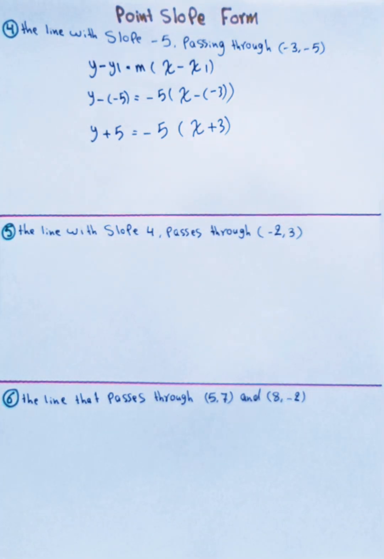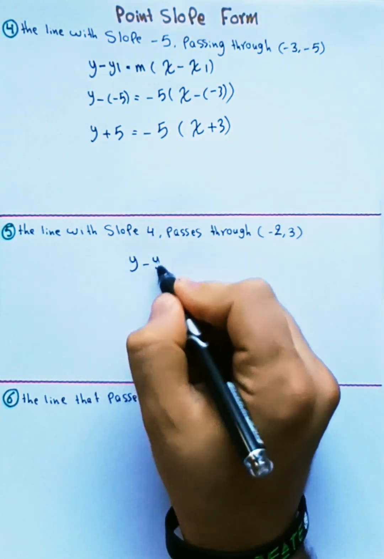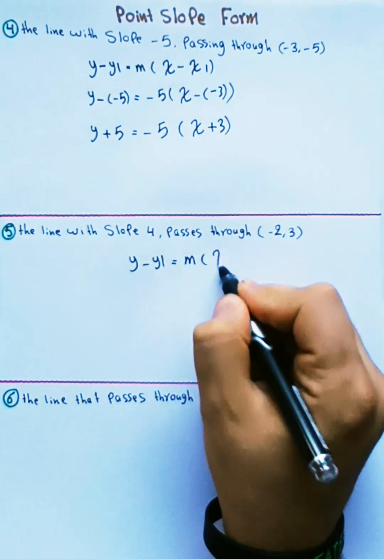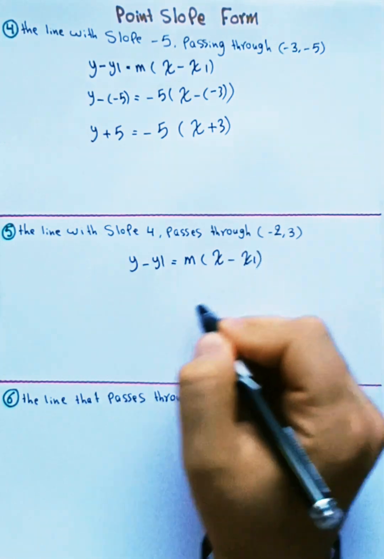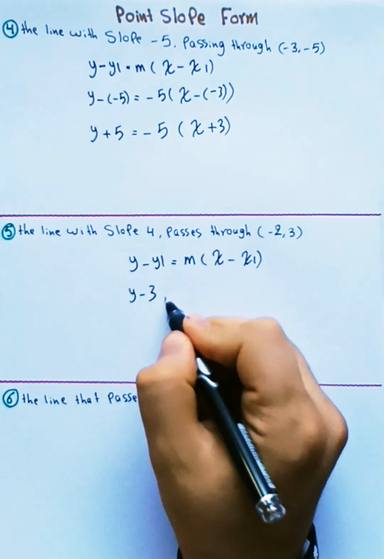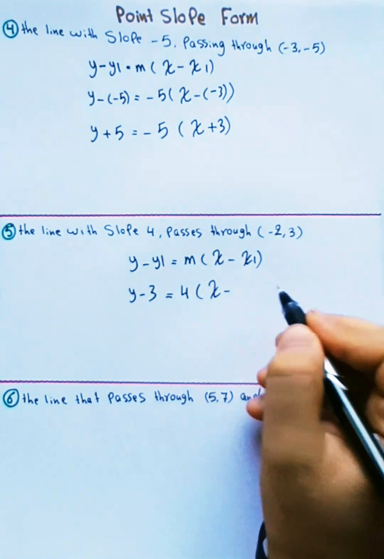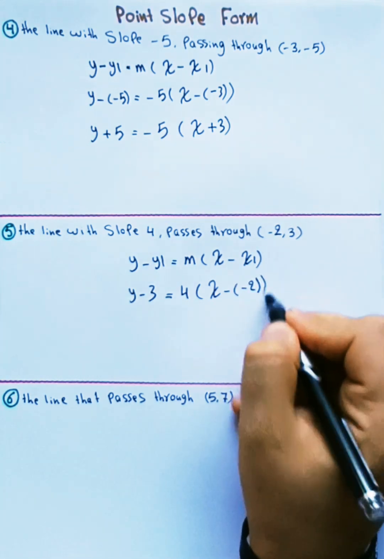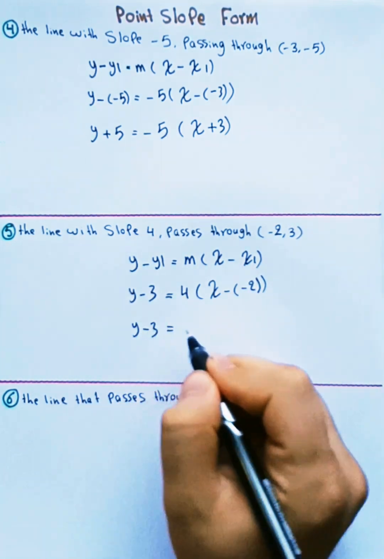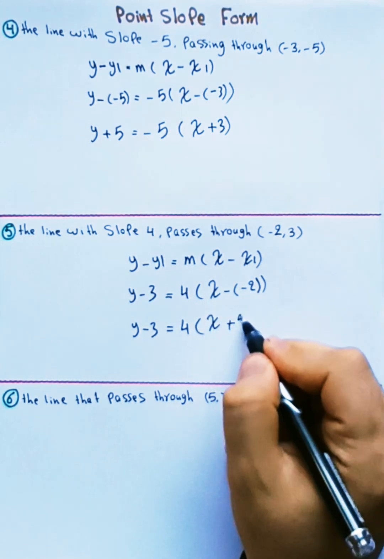Example number 5, the slope is 4 and passes through negative 2 and 3. So the point slope form, y minus y1 equal to m times x minus x1. So y minus y1, y1 is 3, equal to the slope, 4, times x minus negative 2. y minus 3 equal to 4 times x, minus times minus is plus 2.